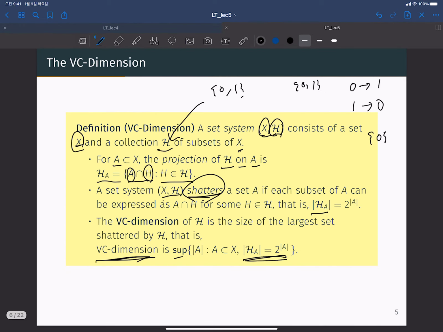In the definition, the VC dimension is defined with the largest set shattered by the hypothesis. So if there exists at least one special case that can be shattered by our hypothesis, then that is enough to determine the VC dimension.